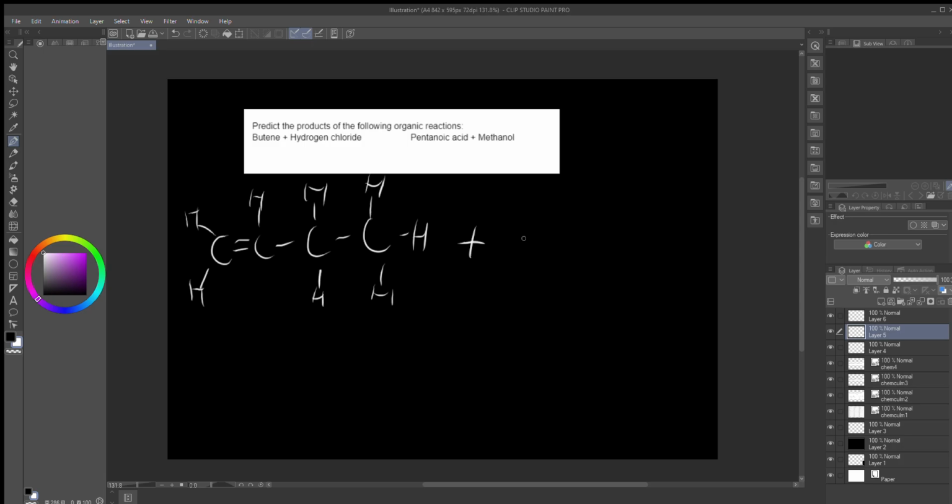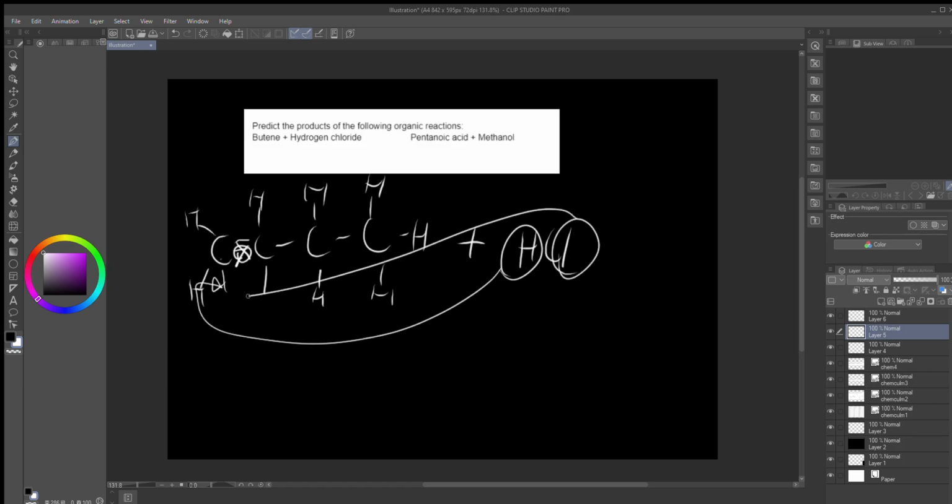plus hydrogen chloride, which is HCl. And so basically for this reaction, one of these double bonds is going to disappear, forming two bonding capabilities for two of these carbons each. And so following Markovnikov's rule, which states that the carbon with the more amount of hydrogens will gain the additional hydrogen, the hydrogen here will go to this carbon, and then the chlorine will go to this carbon.